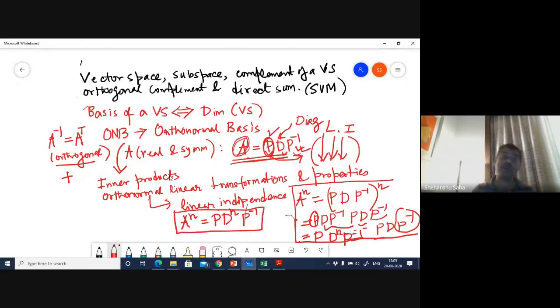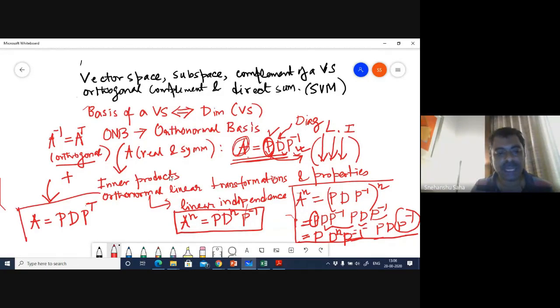And on top of that, if your transformation is orthogonal, then you have a further nice decomposition, which is you can write A as P, D, and since P is orthogonal, you can replace P inverse with P transpose. This is known as orthogonal decomposition of real symmetric matrices.